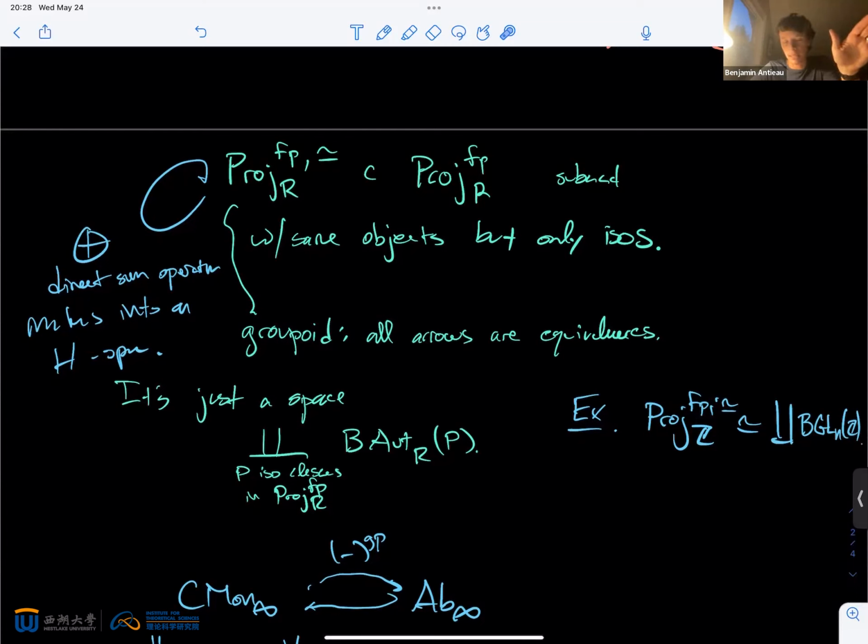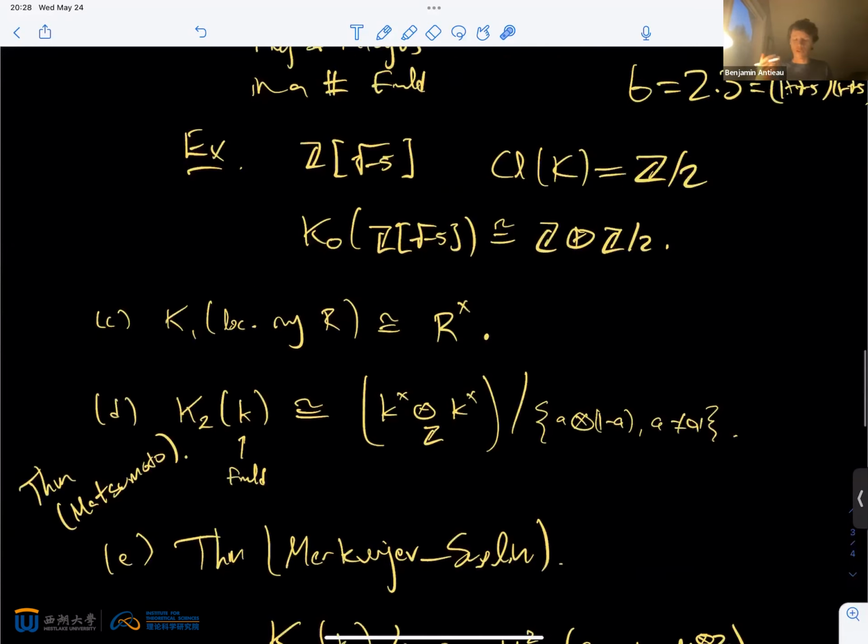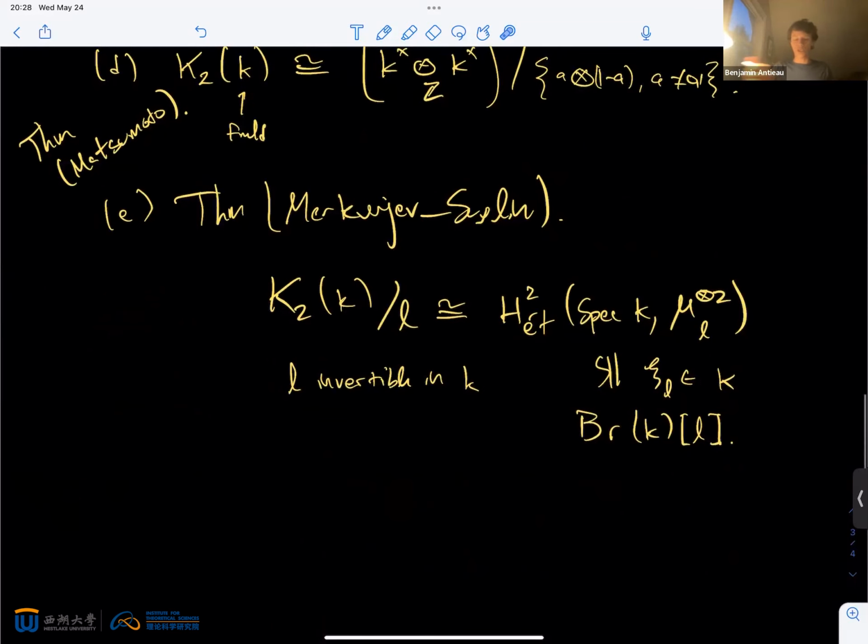It's disconnected. When we group complete it in this world of topological spaces, there's typically infinitely many homotopy groups that are non-zero. So this is a really complicated topological operation, and that's evidenced by the fact that we get out interesting field theoretic invariants.